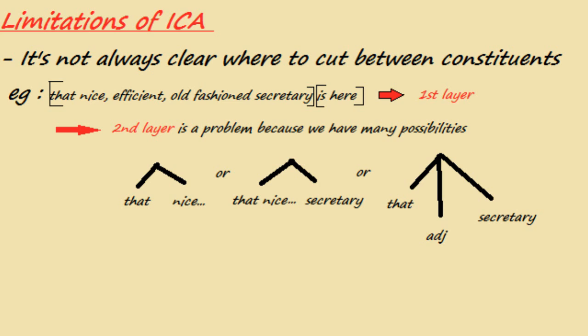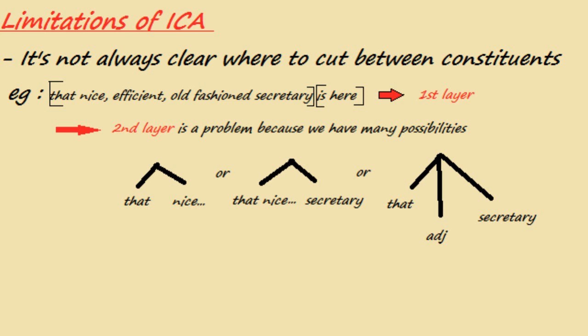The first limitation that we need to mention is that it is not always clear where to cut between constituents. I'm going to give an example: that nice, efficient, old-fashioned secretary. We have many words. As the first layer, it is easy, no problem at all.